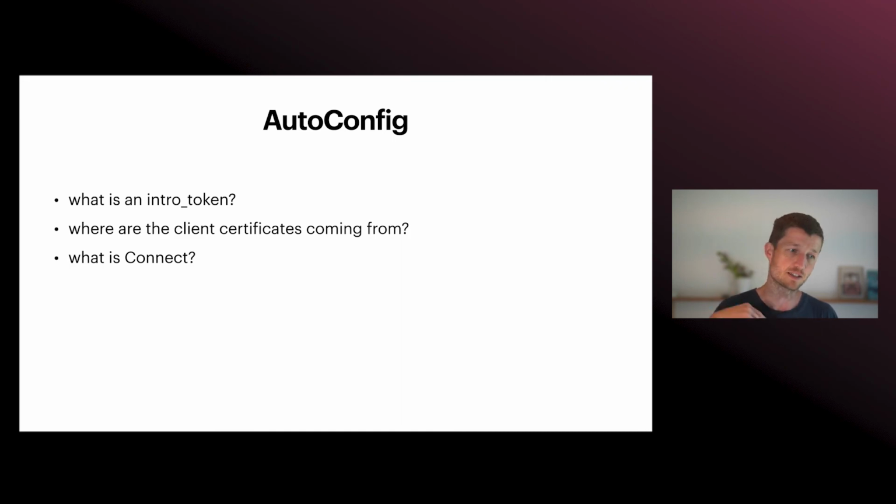It verifies the claims inside that token, which is that the node name in the JWT token matches the node name of the client that wants to register. And if all of that is fine, it will go ahead and send the certificates and the gossip encryption key, etc., to the client that requested them, so that it can continue with bootstrapping.